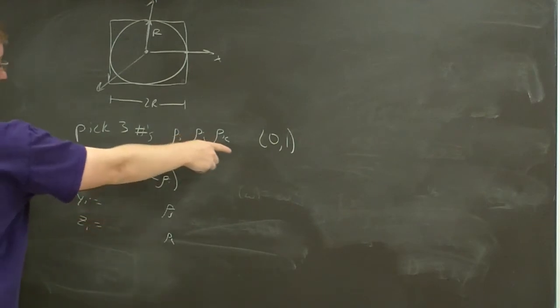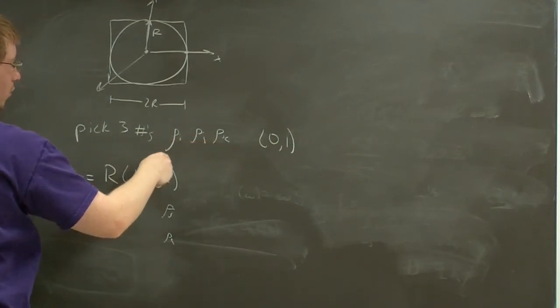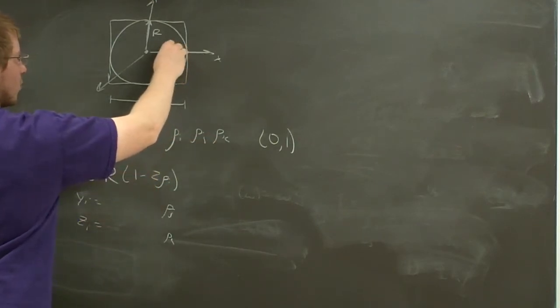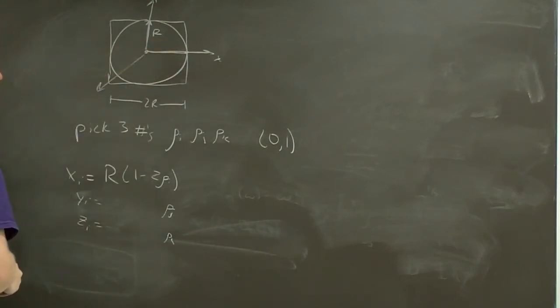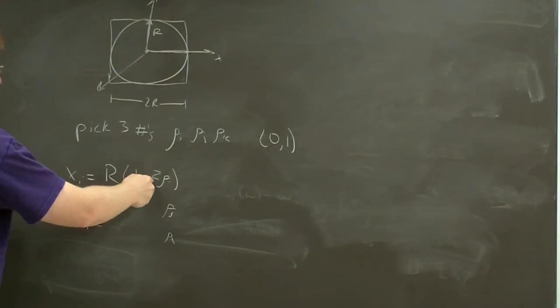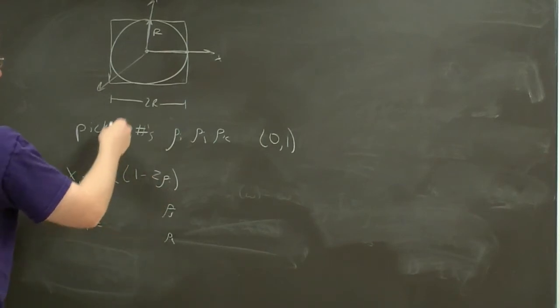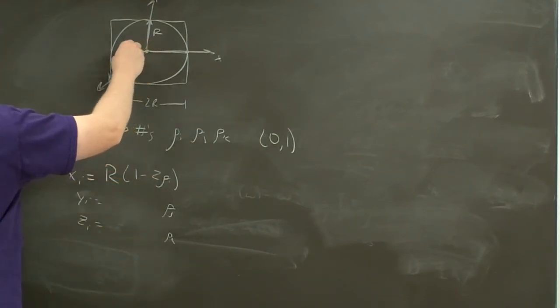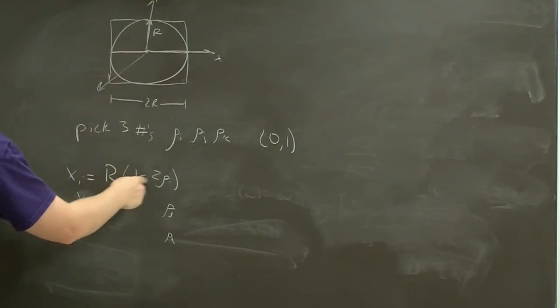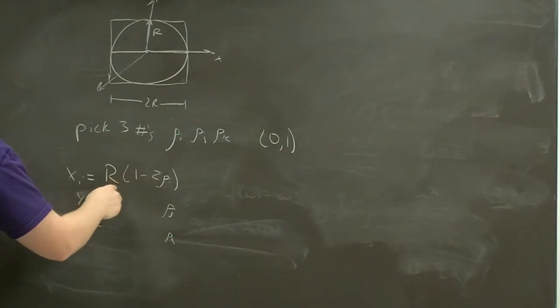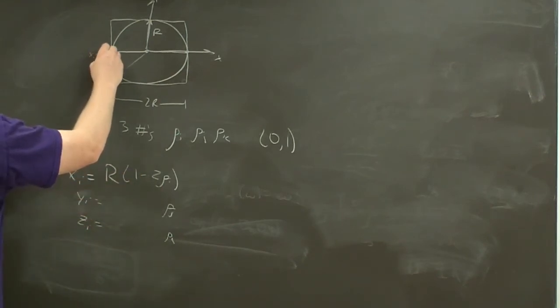If you increase row, you're going to move this way, and here is where row would equal half. So 2 times half is 1, 1 minus 1, 0. All the way down to where row equals 1, where 1 minus 2 is negative 1, and you get to the point negative r. So this would be x sub I equals negative r.